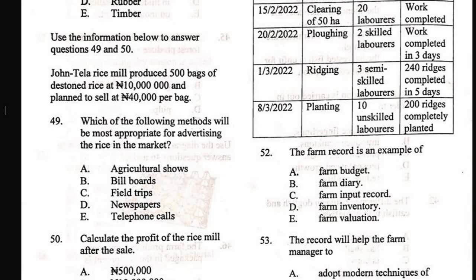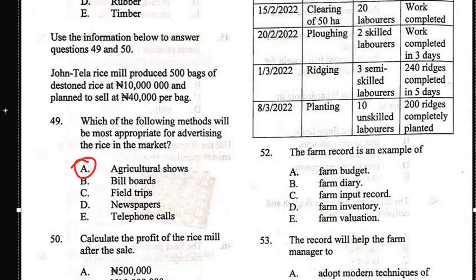Question 49 says, which of the following methods will be most appropriate for advertising the rice in the market? A. Agricultural shows, B. Billboards, C. Field trips, D. Newspapers, E. Telephone calls. So the right answer will be A, agricultural shows. Agricultural shows generally attract a large number of potential buyers, including farmers, retailers, and consumers, and that would be the most appropriate for advertising such.